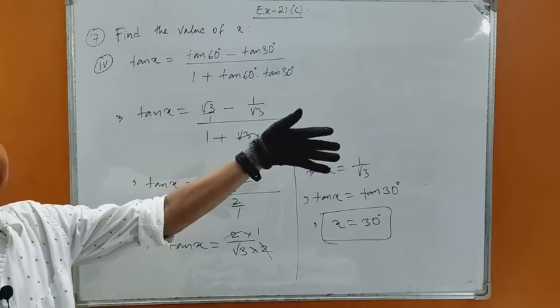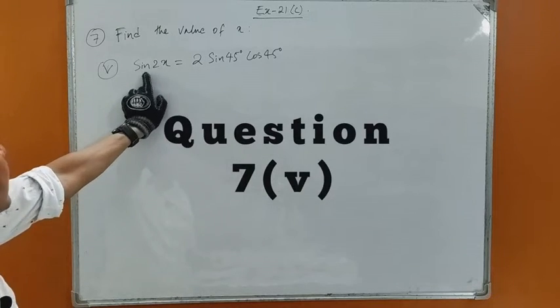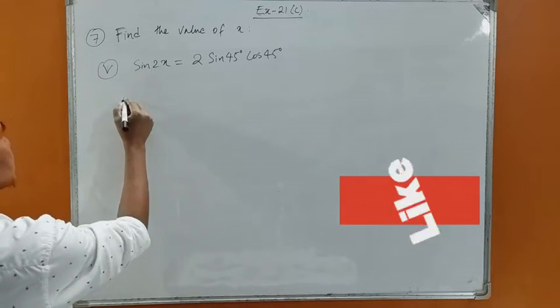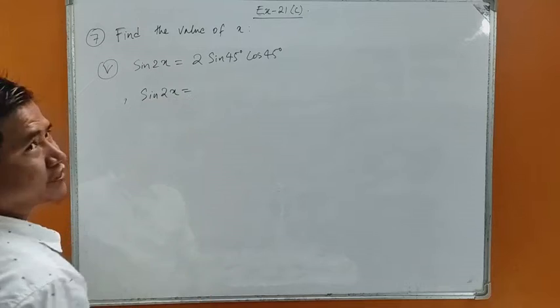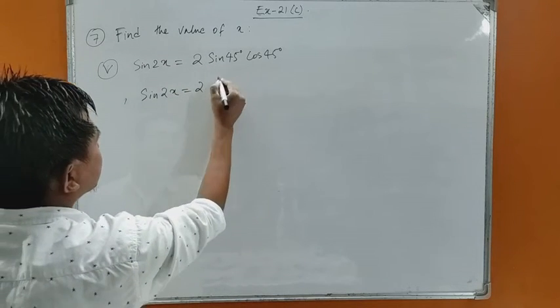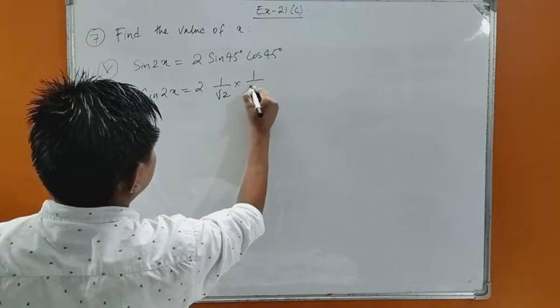Otherwise you could have done it in an easier way, isn't it? Question number 5 of 7, find the value of x. Sin 2x equals 2 sin 45 degrees cos 45 degrees, isn't it? Very simple question. Sin 2x equals 2, sin 45 means 1 upon root 2, into cos 45 means 1 upon root 2.